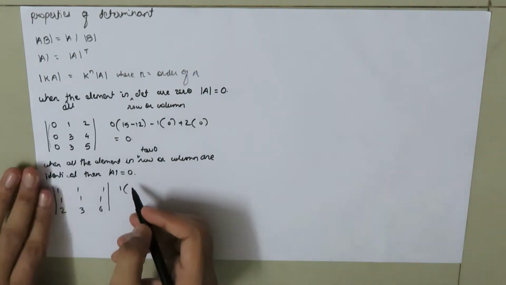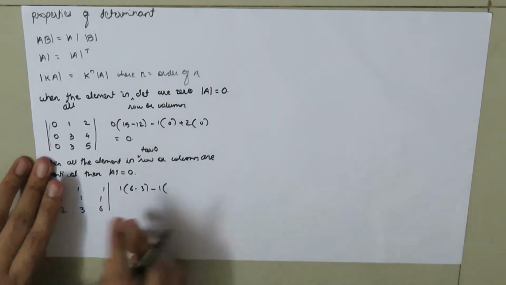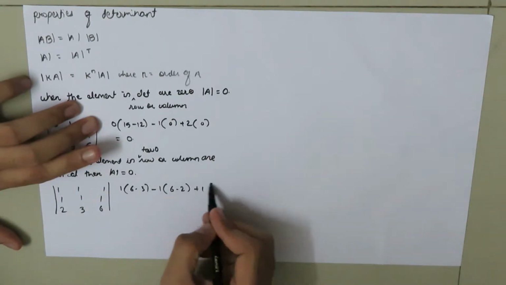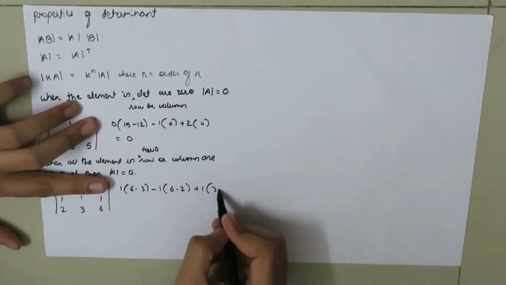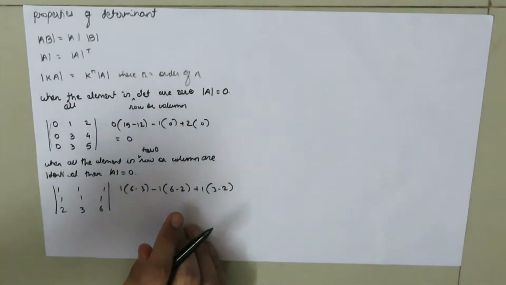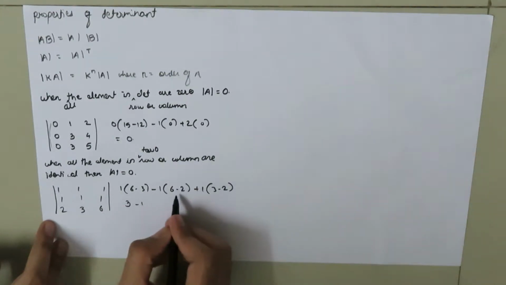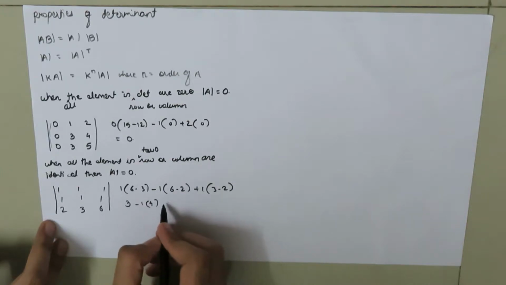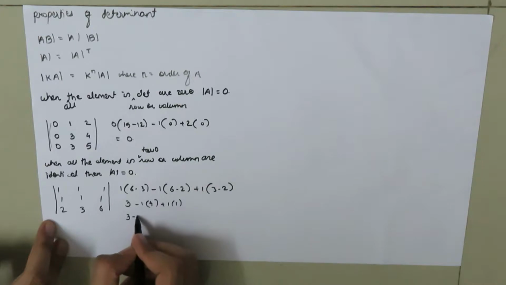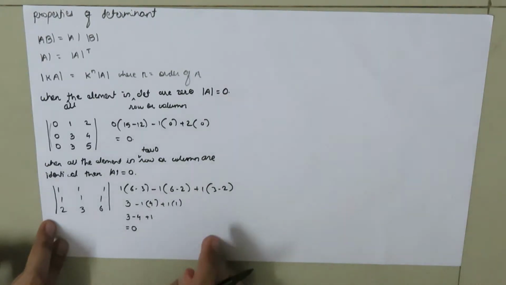Let's check this. So 1 inside the bracket, 6 minus 3, minus 1 inside the bracket, 6 minus 2, plus 1 inside the bracket, 3 minus 2, and we are going to find the value of this determinant. So this will be 3, negative 1, this will be 4, plus 1, this will be 1. So here we have 3 minus 4 plus 1, that is equal to 0.